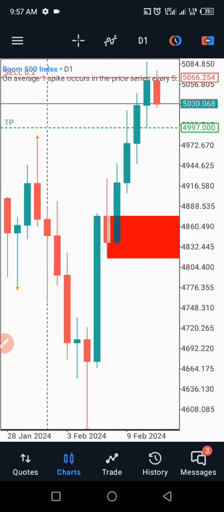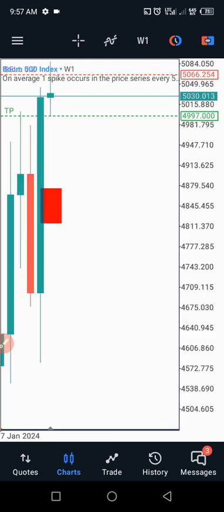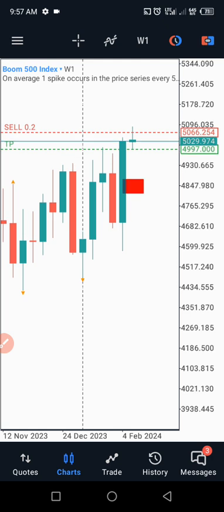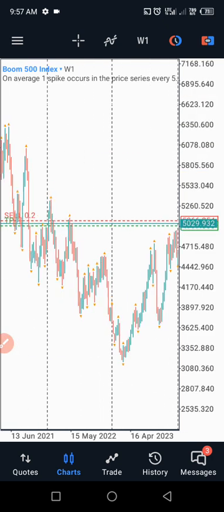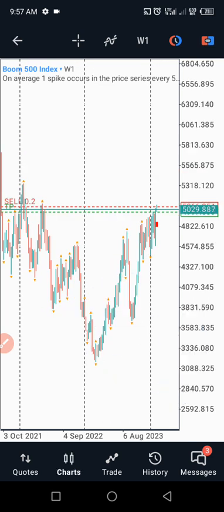So how was I able to make this entry? The first thing I did was to go to the weekly time frame. On the weekly time frame, you can see that there is a major resistance level here.